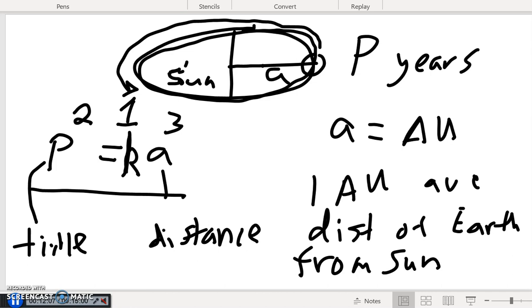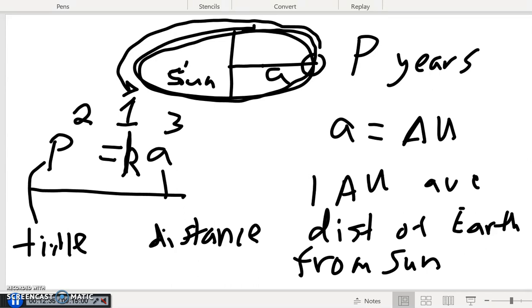The change is very, very slight. And so what that means is, if I, on average, am 1 astronomical unit away from the sun, and it takes 1 year to orbit the sun, then 1 year squared does indeed equal 1 astronomical unit cubed. 1 squared is 1, 1 cubed is 1.